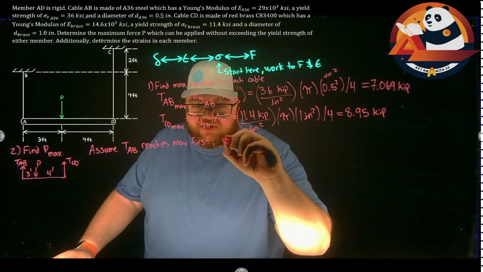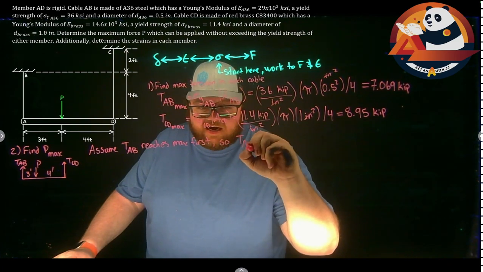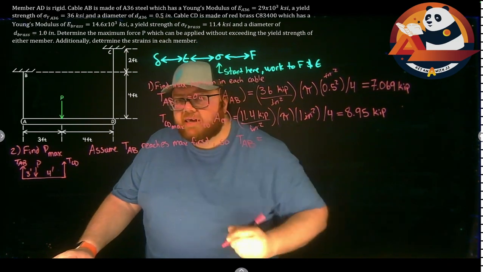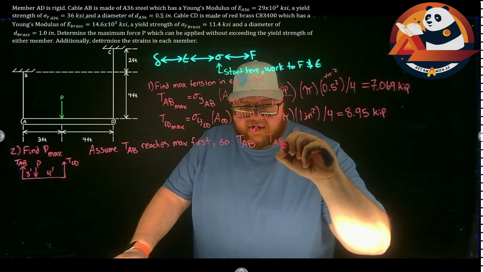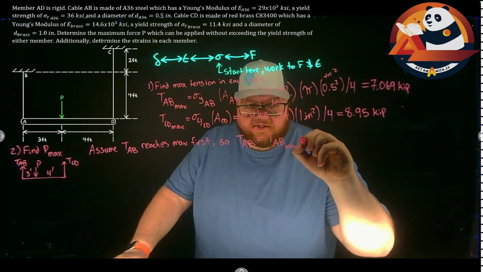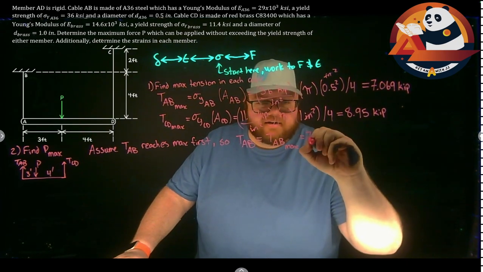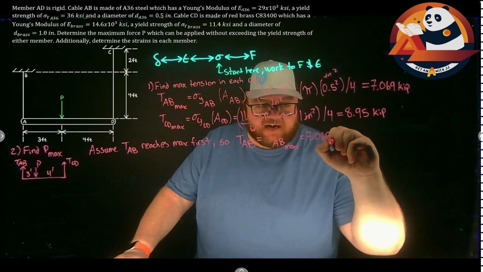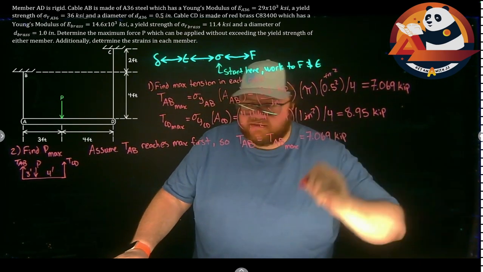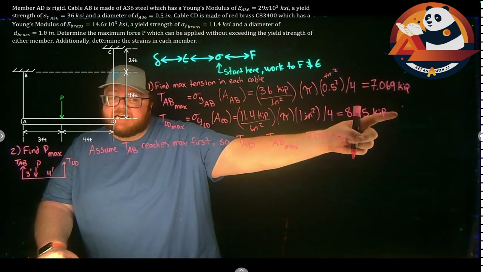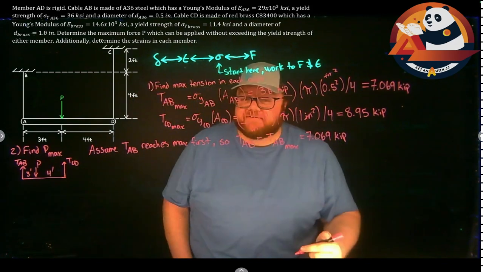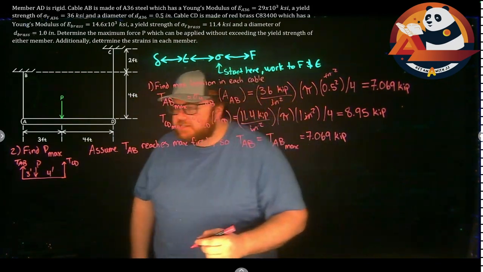That means that TAB, we're assuming, equals TAB max, which is 7.069 kips. And before I find P, I want to check that and say, what's TCD actually going to be equal to if TAB is 7.069?